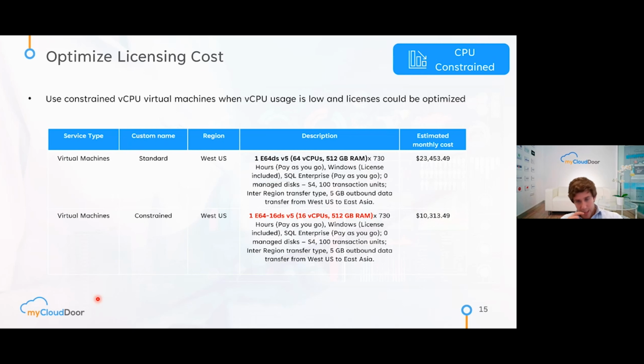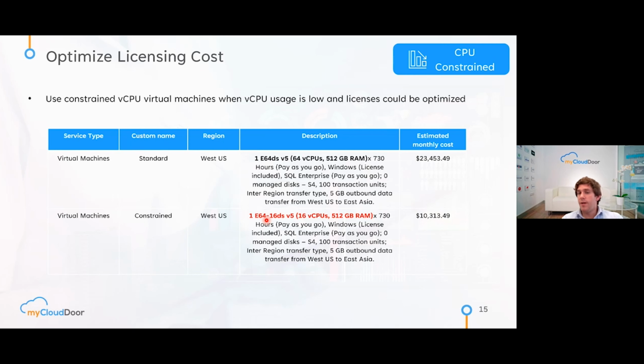These VMs have a constraint on the CPU usage. For example, the E64DS V5 is a VM with 64 cores and half a terabyte of RAM, but there are constrained editions where it's exactly the same, but it can be constrained to 16 CPUs.